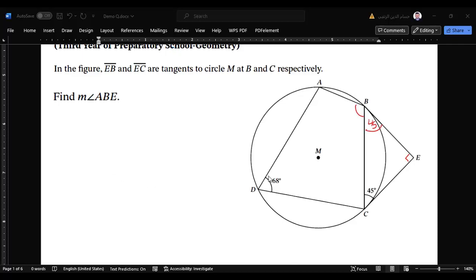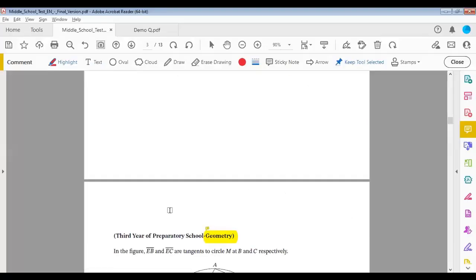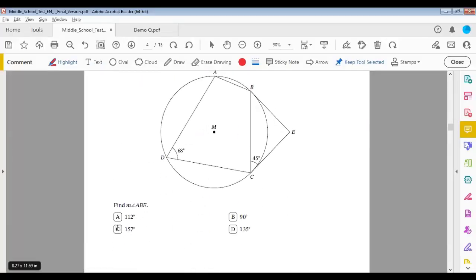The result will be 112. So here it will be 112. But you asked me about all of this one, ABE. So it will be 112 plus 45, 157. So my answer for the second one is 157 degrees.